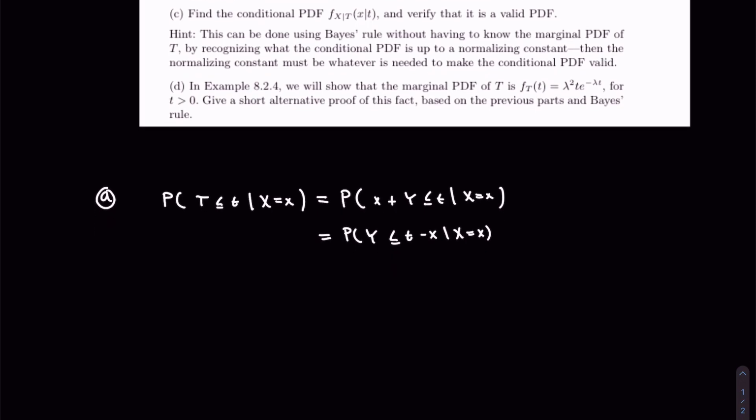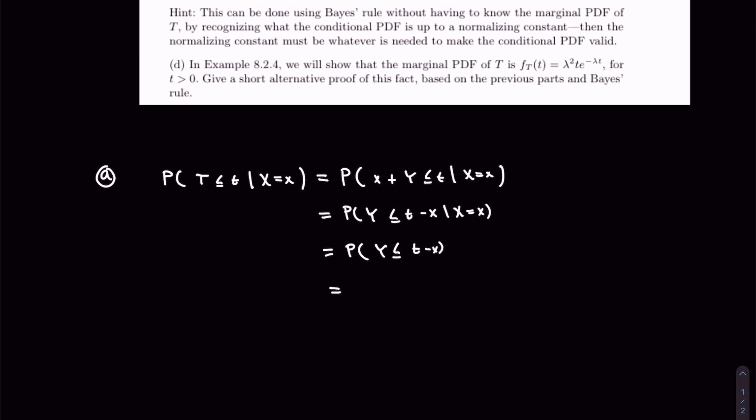And y and x are independent, so we can drop the conditioning. We're left with y less than t minus x, and now plugging in, we know the distribution of y, which is exponential, and that is 1 minus e to the minus lambda (t minus x). And this is valid for values where x is less than t.